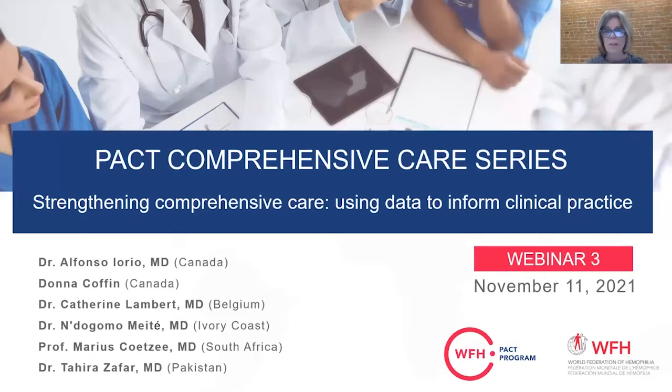The second webinar covered the delivery of comprehensive care, how to set up diagnostic services, and conduct patient outreach and identification. And today's session will focus on how to effectively collect and use data to inform your clinical practice and improve health outcomes for people with bleeding disorders.